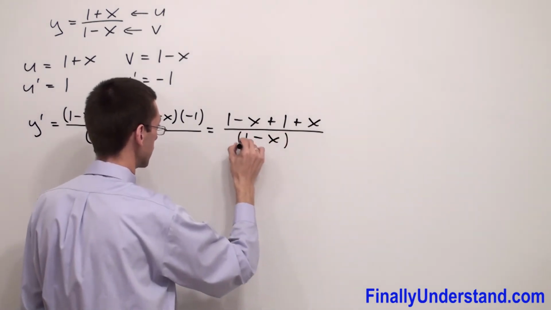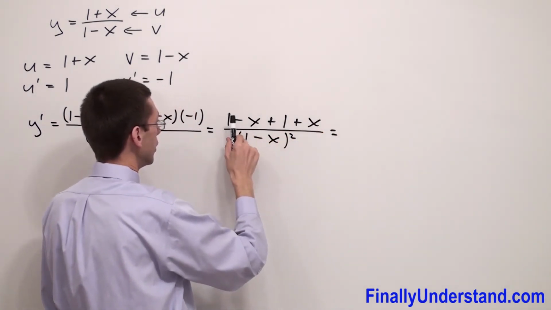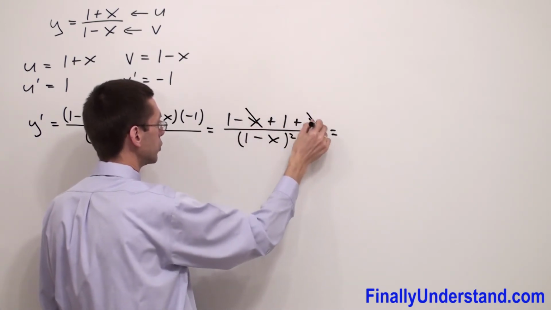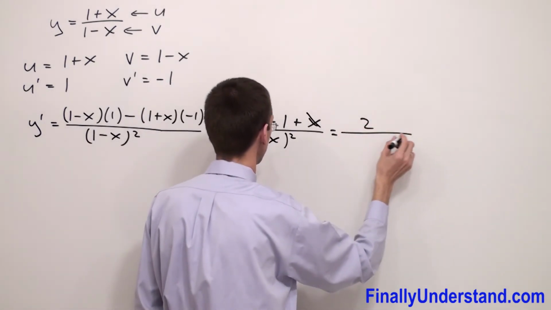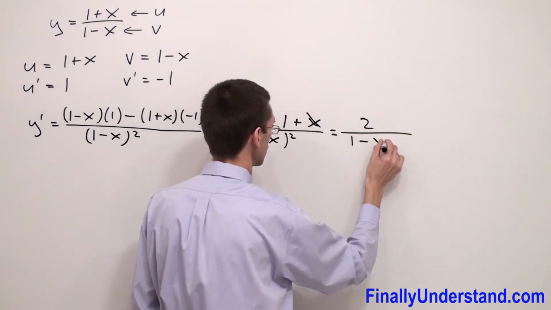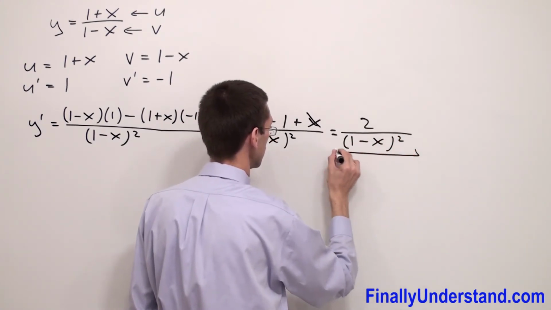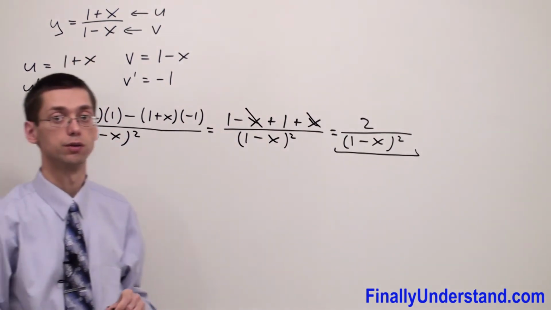We have negative x and positive x, they are going to cancel each other. 1 plus 1 is equal to 2. So I have 2 over 1 minus x to the second power. And this is the first derivative of the given function.